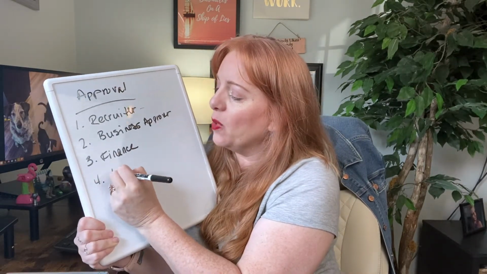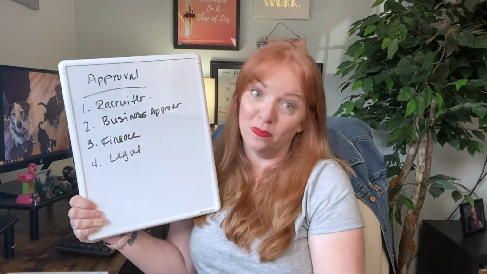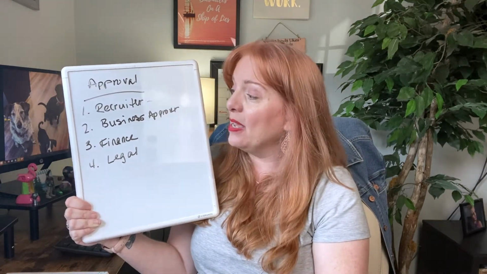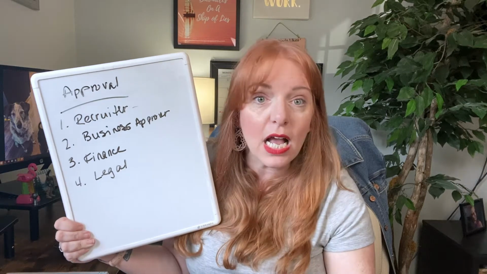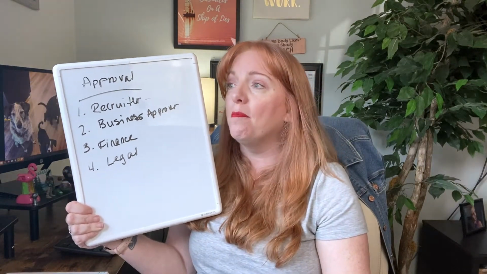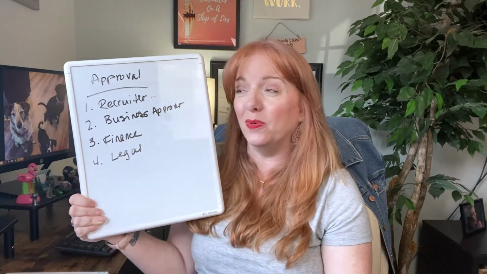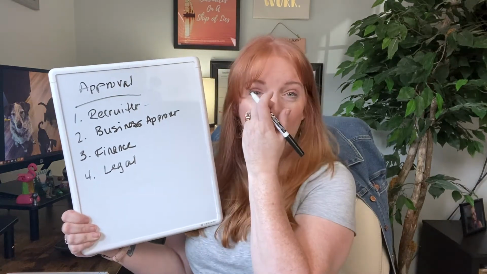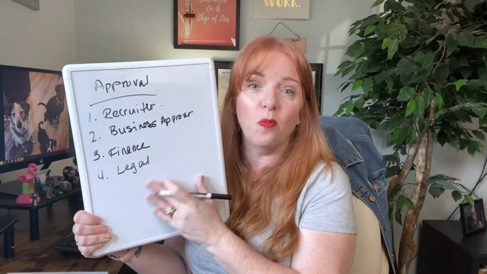And then sometimes we might have legal. If you're an OFCCP compliant company, or a startup who's just newly starting to build out this functionality, you probably need someone to sanity check this.